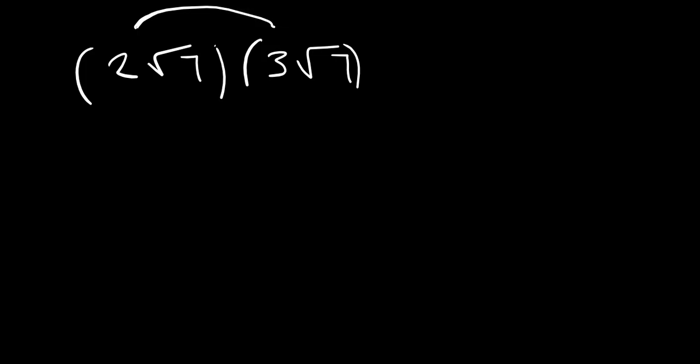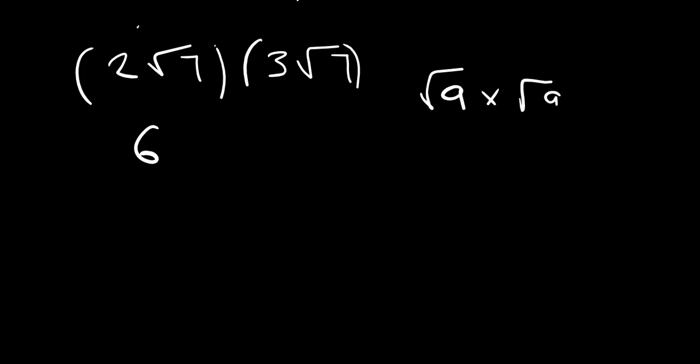So 2 multiplied by 3 is 6. Then root 7 multiplied by root 7. Remember from our rule, if you have root a multiplied by root a, the squared and the square root cancel, you just remain with a.